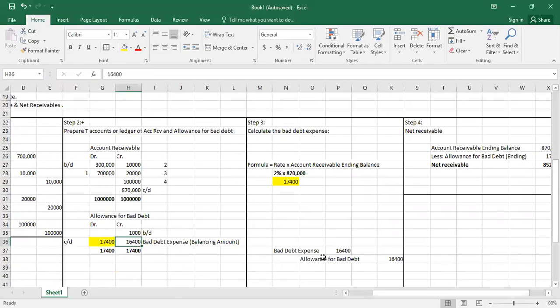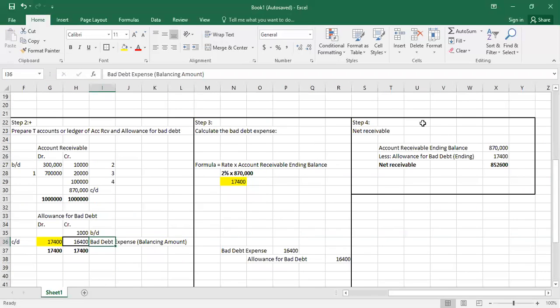And we have to pass the journal entry of bad debt expense by the balancing amount, because the balancing amount is actually the bad debt expense for the current year. But in the last step, we have to subtract the ending balance of allowance for bad debt from the account receivable ending balance. We will get the net receivable amount.